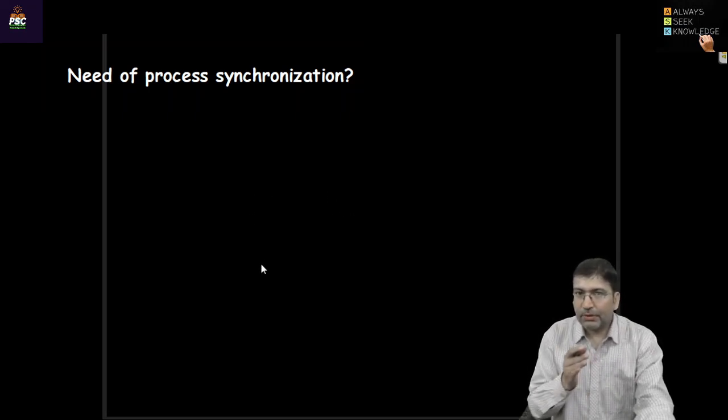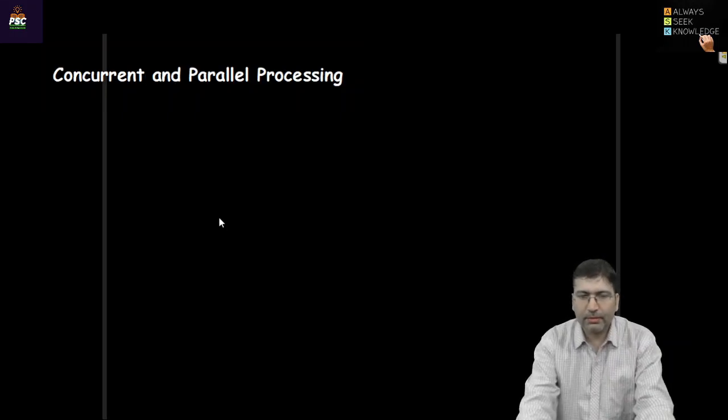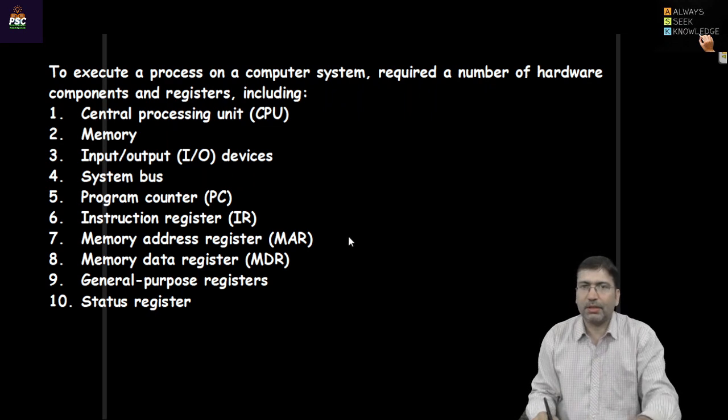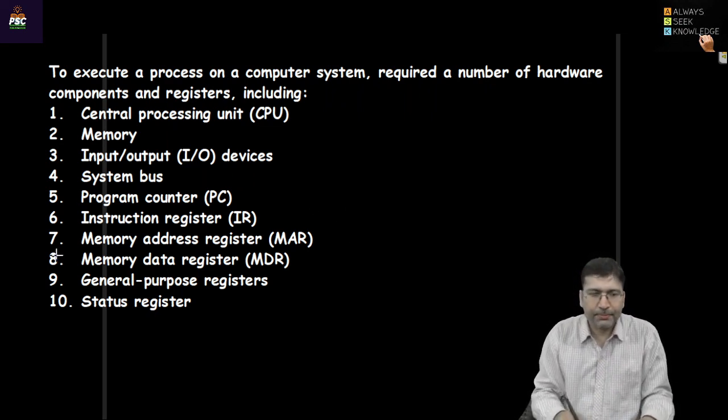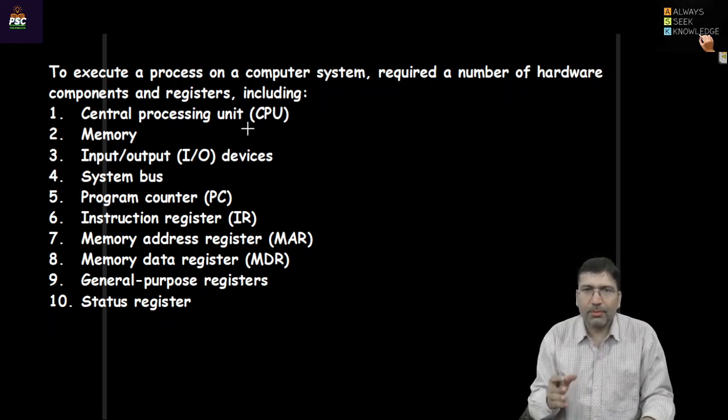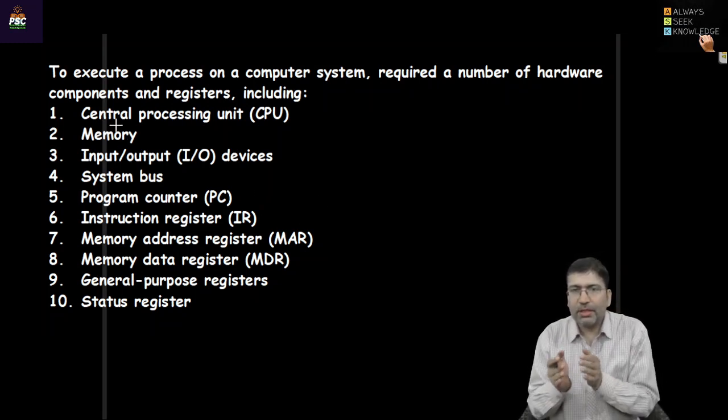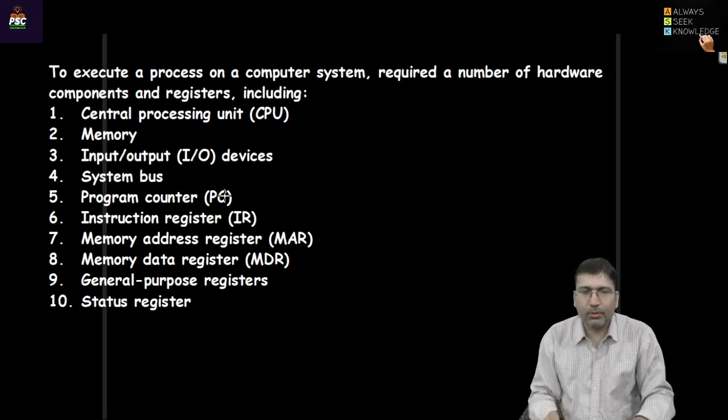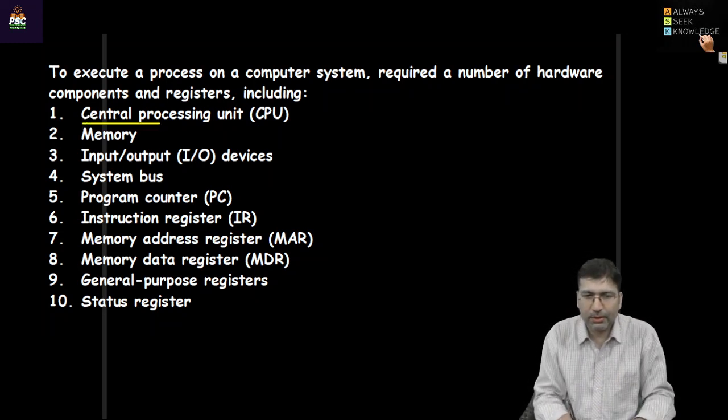So when multiple processes are executing, every process requires a certain number of resources to be executed. If I precisely discuss what a process requires to be executed, a process requires a few hardware resources and some registers. So if we want to initiate a process inside the system, it requires the central processing unit or CPU.